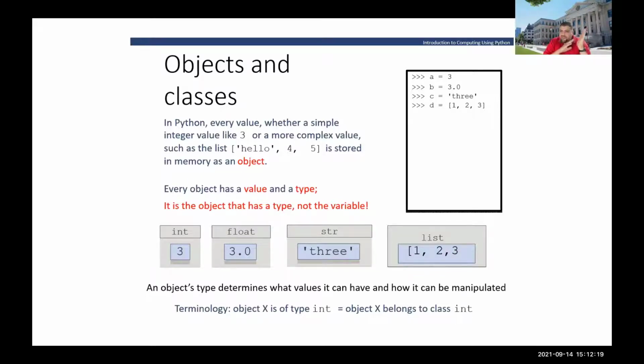In Java and C++, you have to specify the type of the object or the variable itself. If you say integer x equal to 3 and then x equal to 3.2, you're gonna get a syntax error.